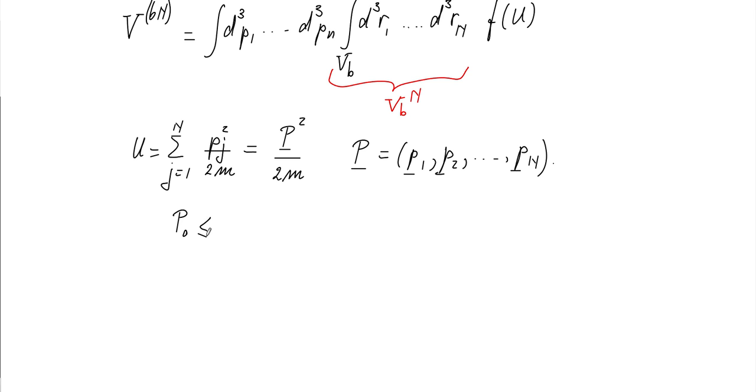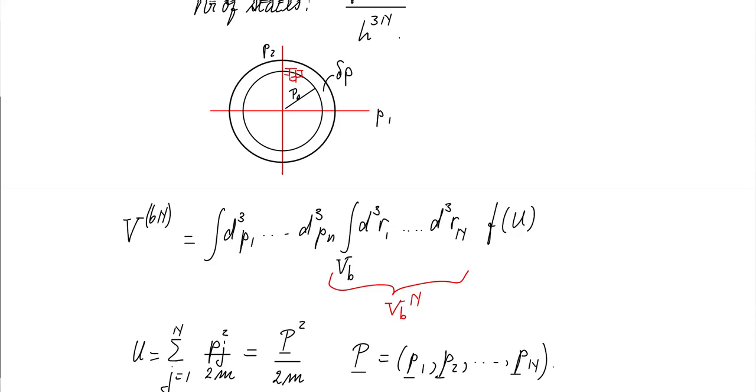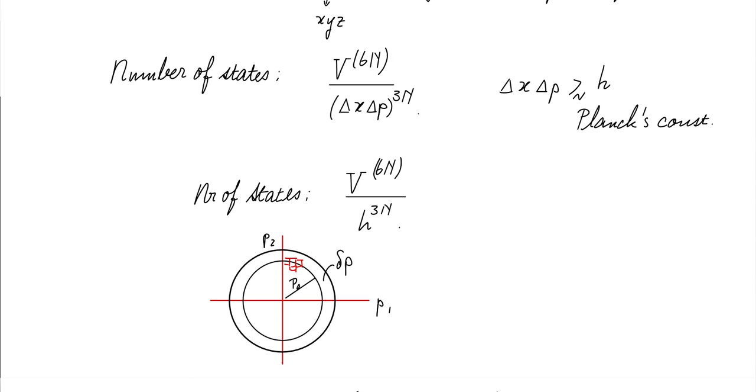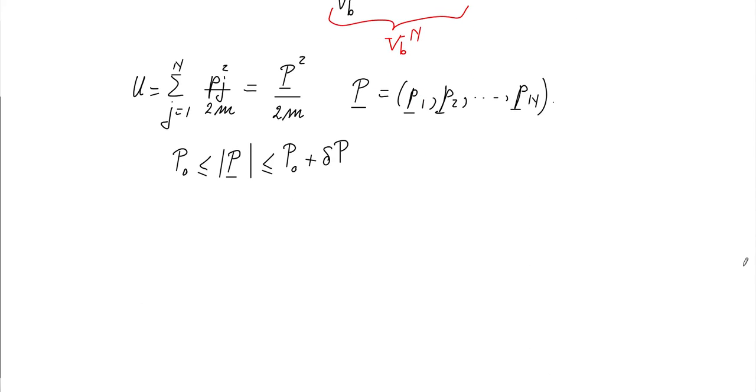So that should be smaller or equal than the length of this large vector P, and that should be smaller than P0 plus a little bit, and we call that delta P, where we use a curly delta in order to distinguish it from the triangular delta that we used for the size of the boxes. So it's not this delta, but we have now a lowercase Greek delta.